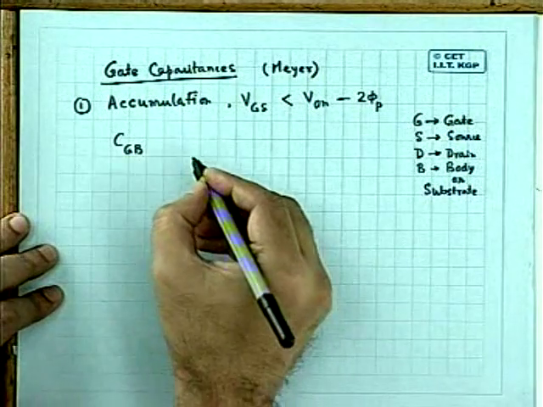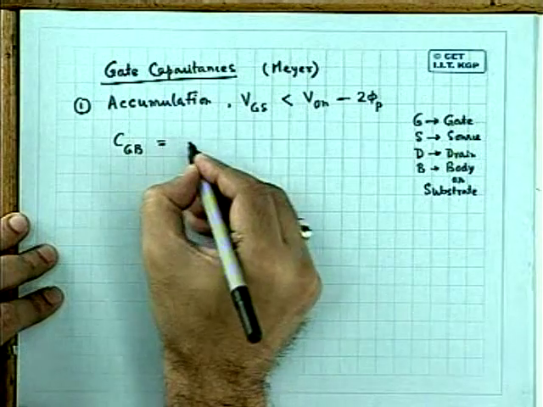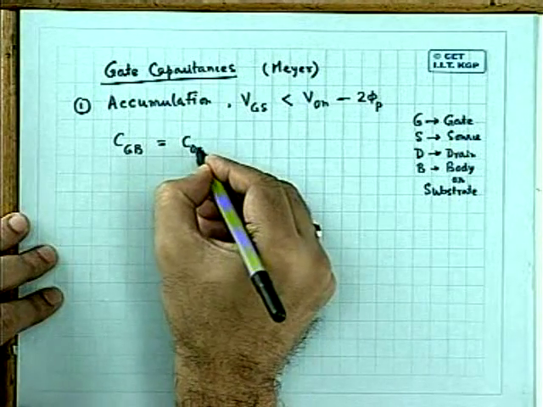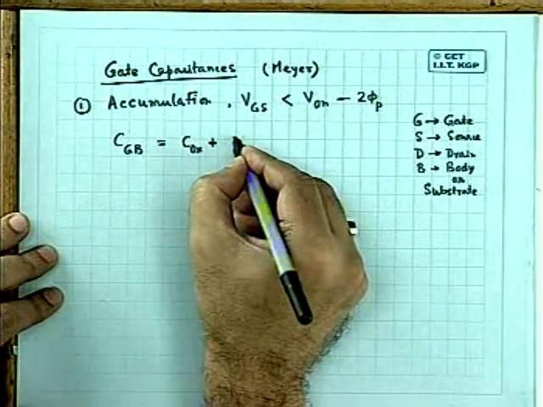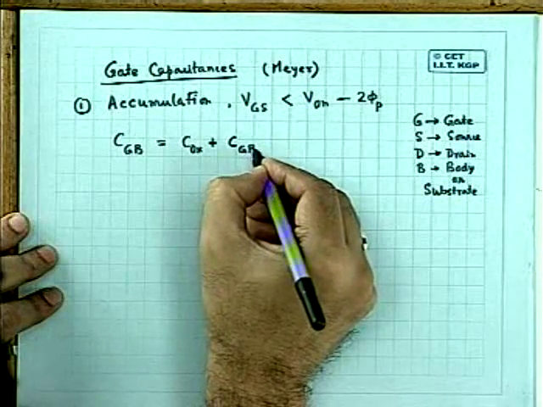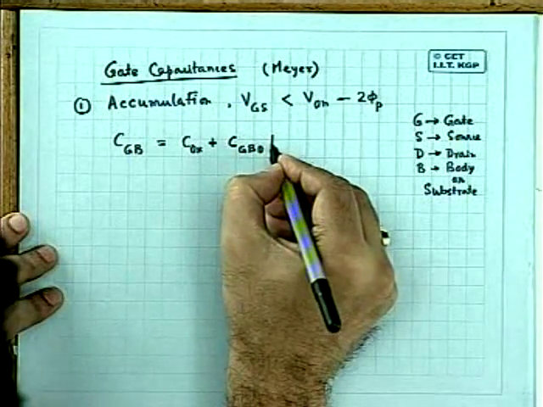Okay, this is normally simulated as COX plus CGBO times L effective.